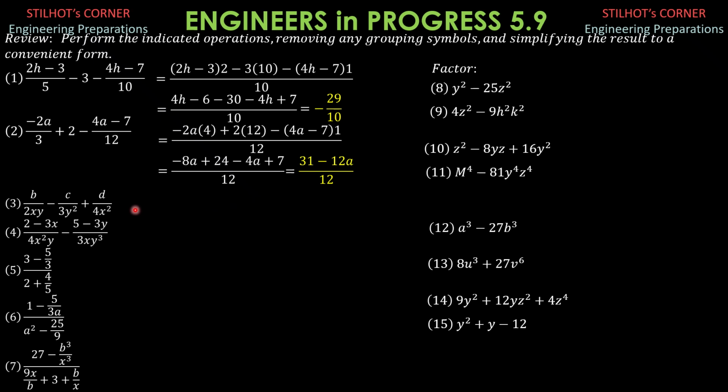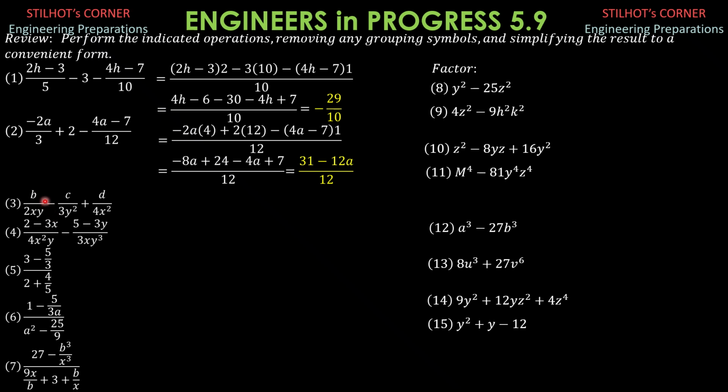For the next problem, the LCD for the constants is 2 times 2 squared times 3, so 12. For the variable x, it's x squared, and for the variable y, it's y squared. So 12x squared y squared, the LCD.